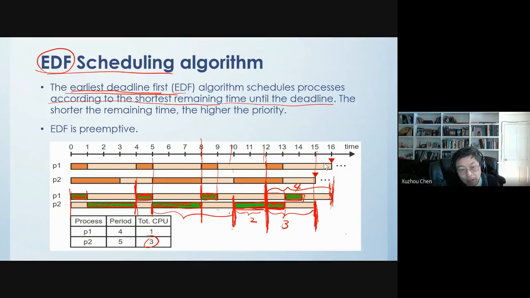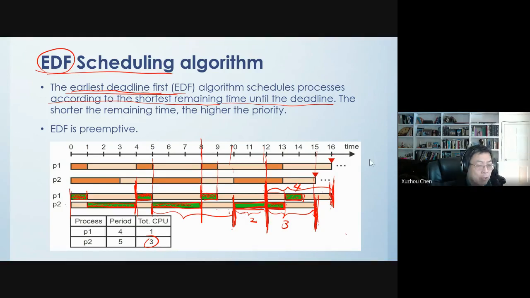Because EDF just checks which process has the urgency to finish. This process 2, definitely, if I miss the 15 deadline, I'm finished. So you have to give me the CPU. And this other one says, my deadline is 16, so I have more room to play.